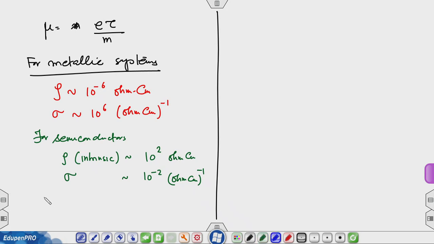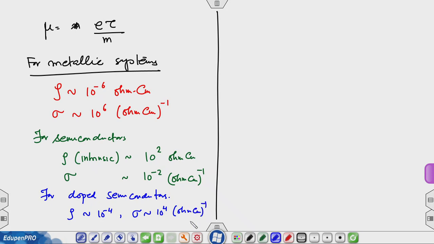And for doped semiconductors, n goes up by a factor of roughly 10^6. So, rho will be of the order of 10 raised to minus 4 and sigma will be of the order of 10 raised to 4 ohm centimeter inverse. Now, these are best described in semiconductors in terms of mobilities.